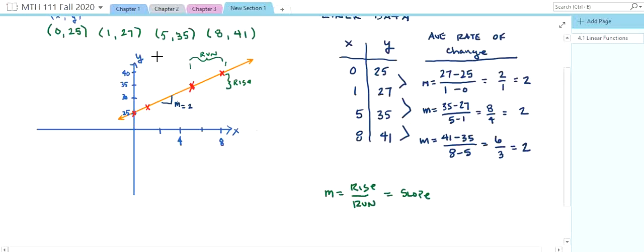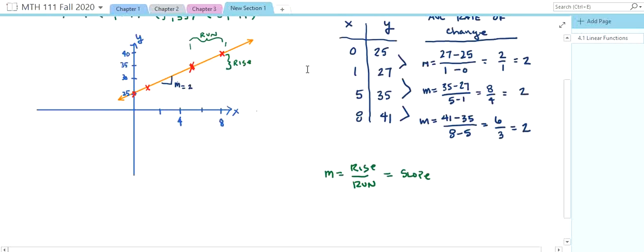If we take a vertical line anywhere here, then for any given x value we have only one y value, and we can move this vertical line anywhere along this orange line and that would be true. So this, in fact, is a linear function.